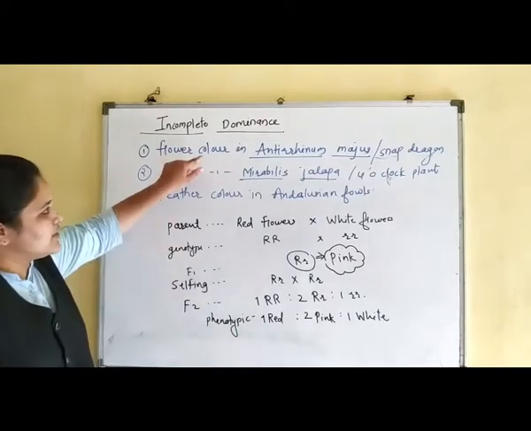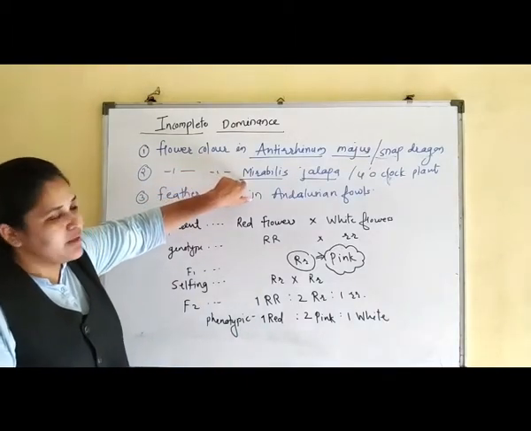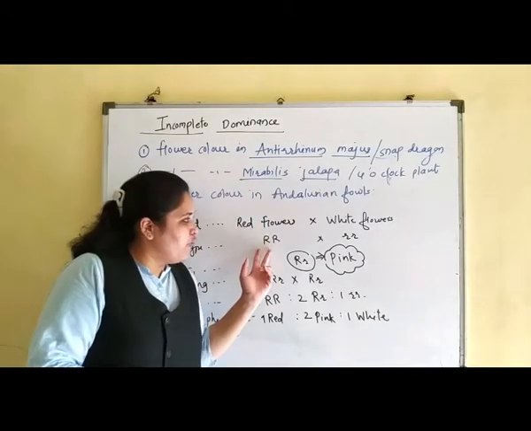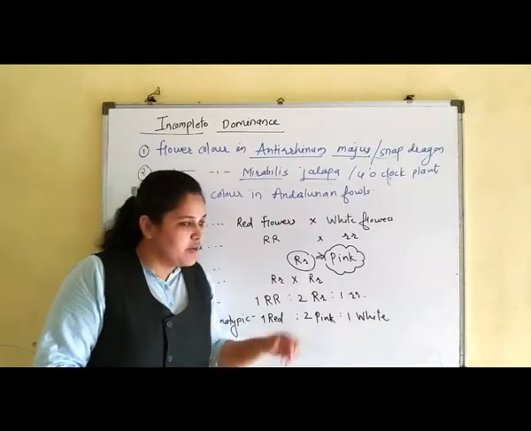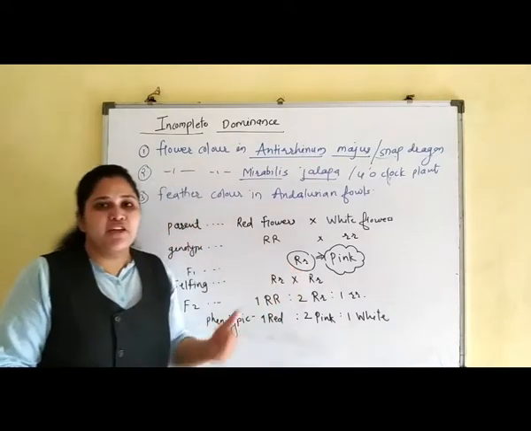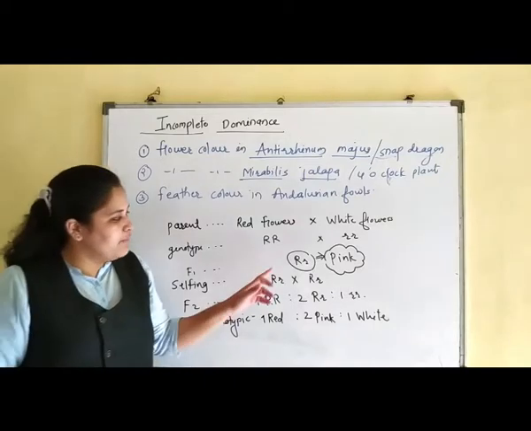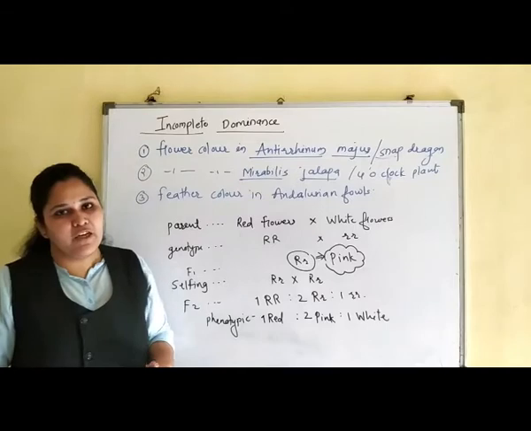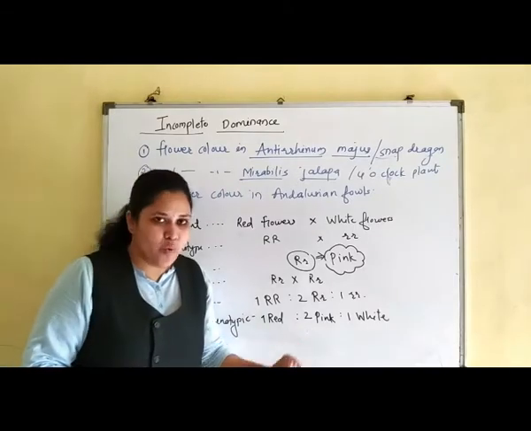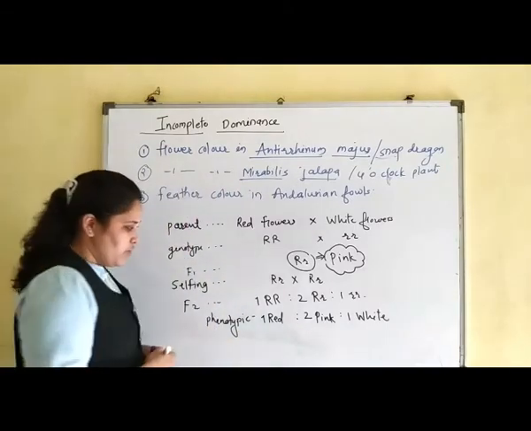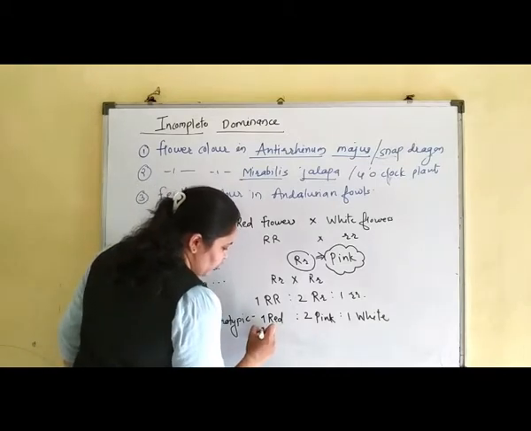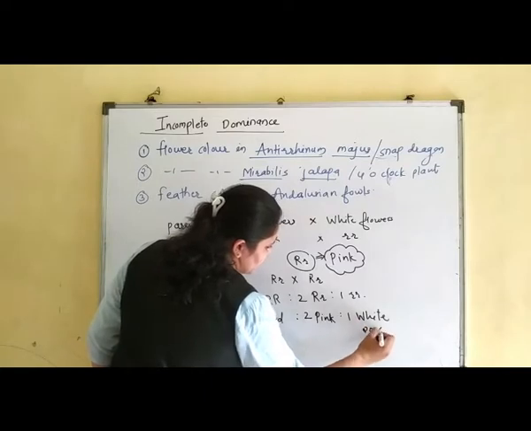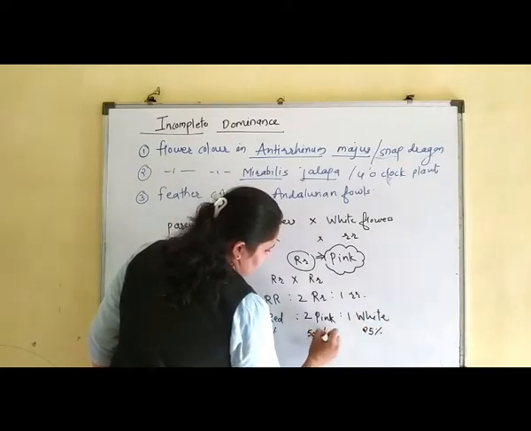So in case of Antirrhinum majus as well as Mirabilis jalapa, the same type of inheritance pattern is there. Red flowers are dominant over white flowers, but F1 or hybrid shows the intermediate phenotype, that is the pink one. In the F2 generation, both phenotypic and genotypic ratios are the same, 1:2:1. So here again, if a question comes, then 1/4 or 25% dominant, 25% recessive, and 50% hybrid.